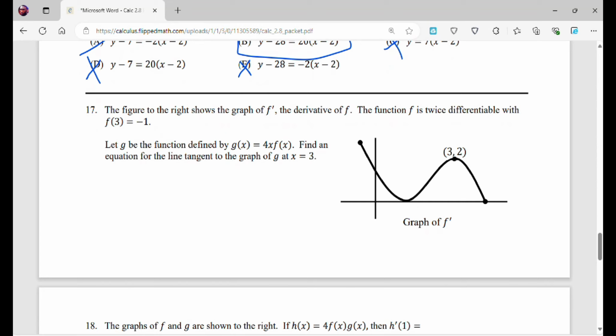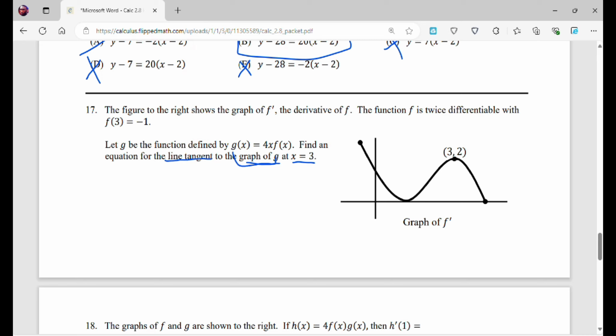Next question. The figure to the right shows the graph of f prime, the derivative of f. The function f is twice differentiable with f of 3 equals negative 1. Let g be the function defined by g of x equals 4x times f of x. Find an equation for the line tangent to the graph of g at x equals 3.